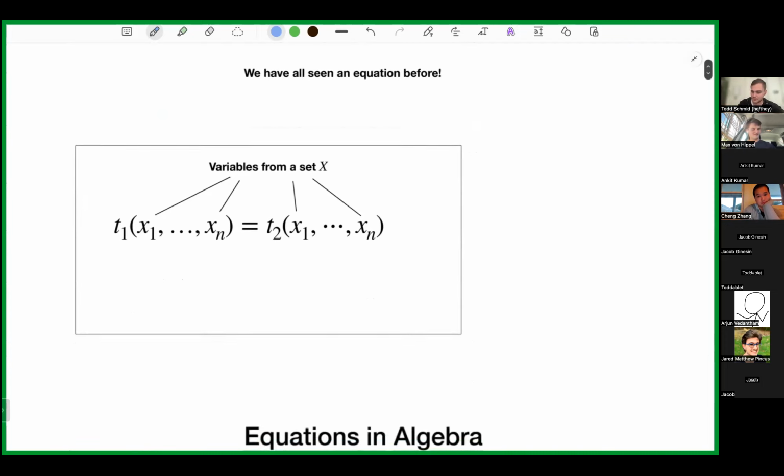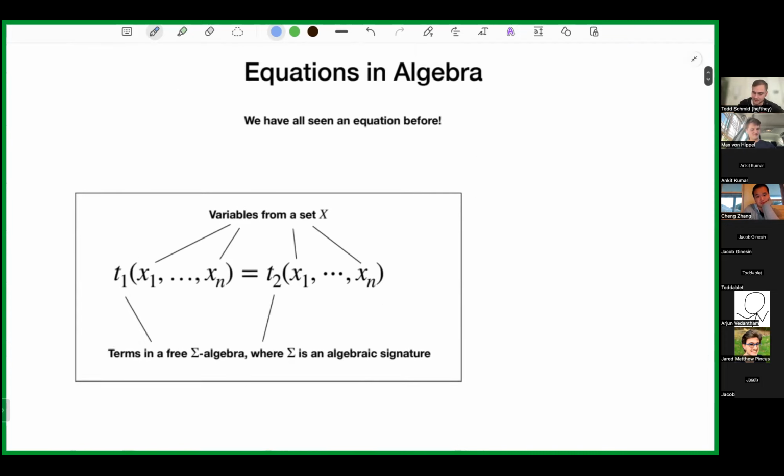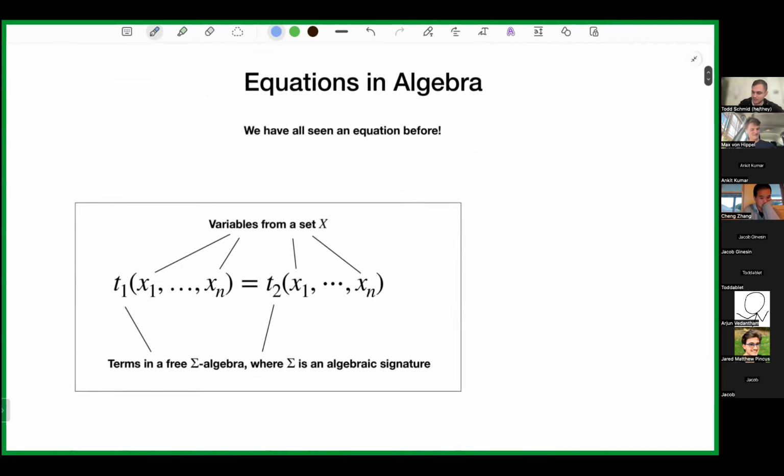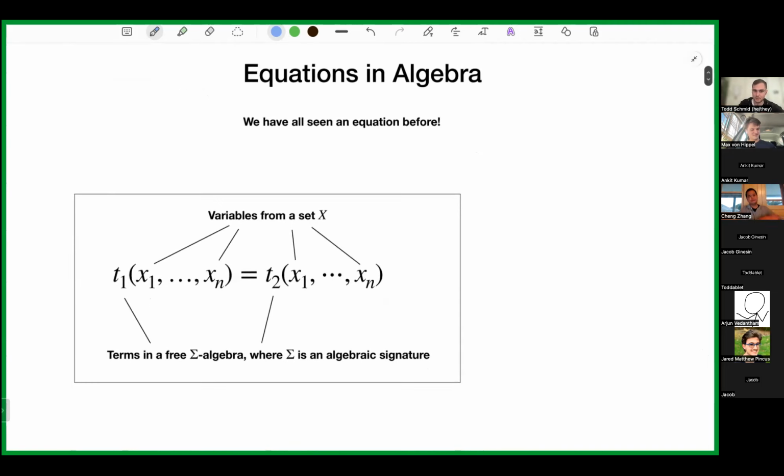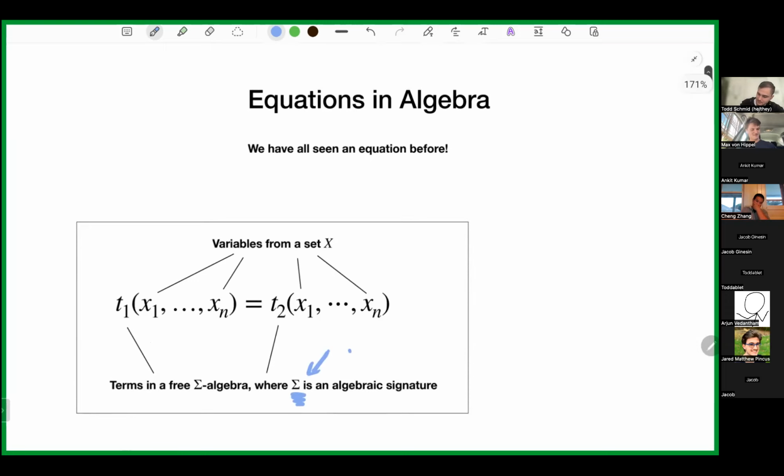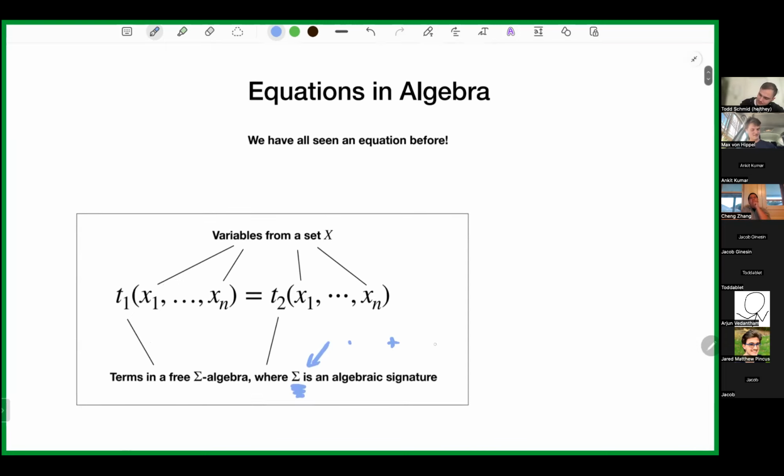I've got variables from some set X here, and each of these t1 and t2 are terms built out of some algebraic signature. Here I've written sigma. Sigma can have things like multiplication, or plus, or, I don't know, sequential composition of programs.